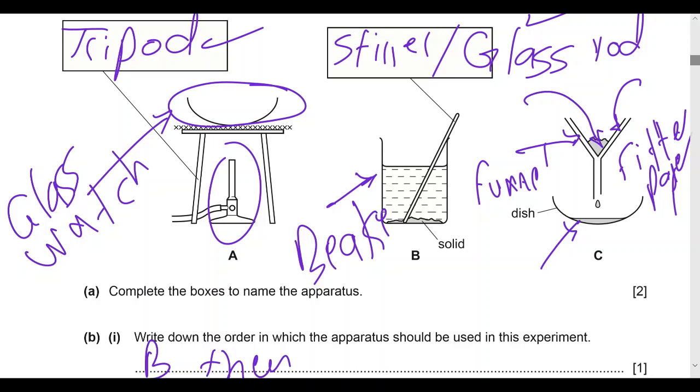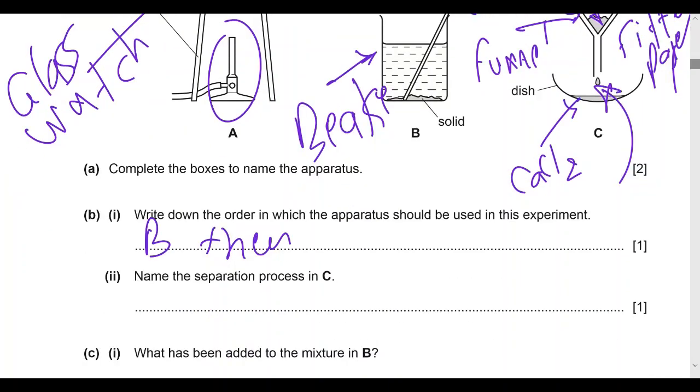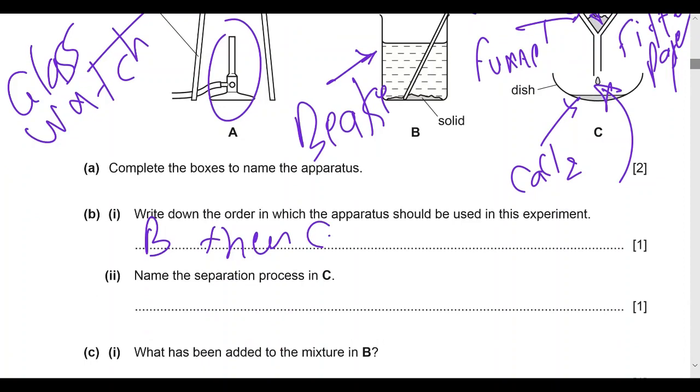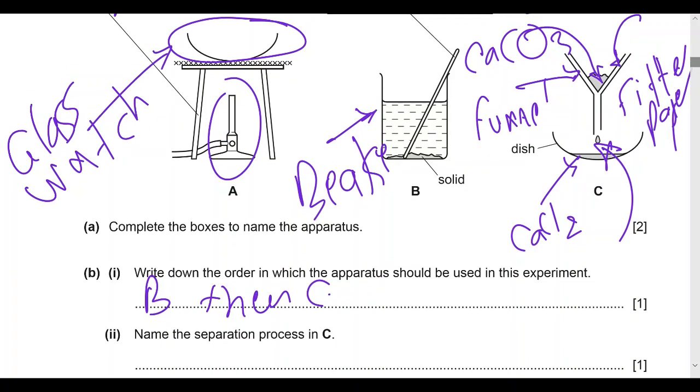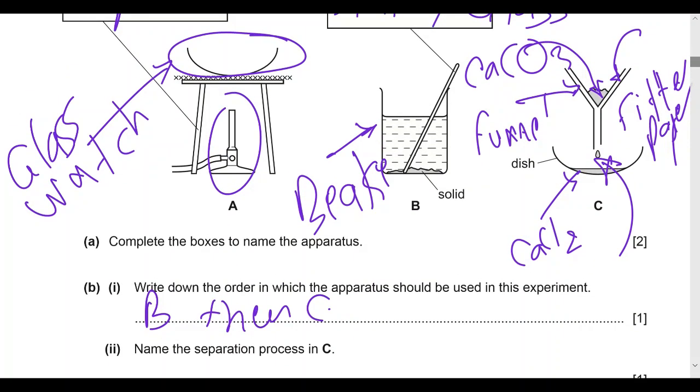So in the filter paper it's calcium carbonate, and what comes through the filter paper is calcium chloride, soluble in water. So then C, after that you are going to evaporate the water to have the crystals. So then A. So the order is B, C, A.